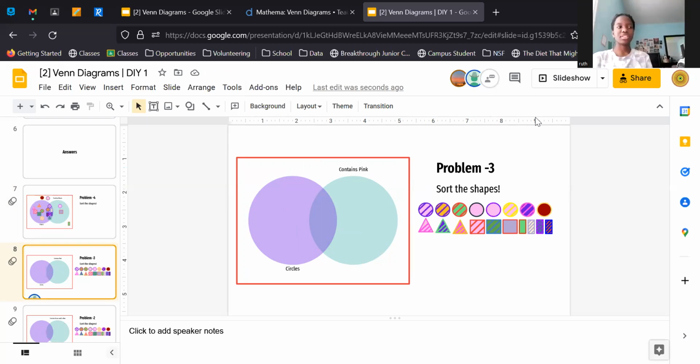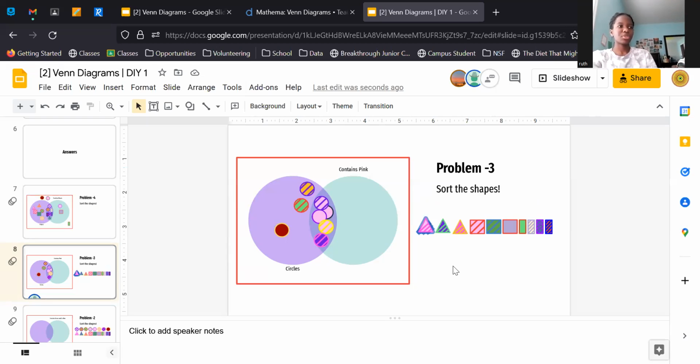Okay, so for this one, it says circles versus contains pink. The first one is both a circle and pink, so it'd go here. This one is a circle with no pink, so it goes here. Then we have a circle again with no pink, and a pink circle, so it goes in the middle. Then another pink circle, another pink circle, and a circle with pink stripes.